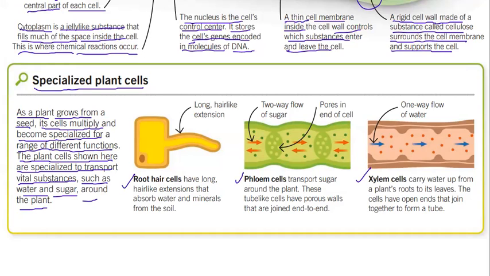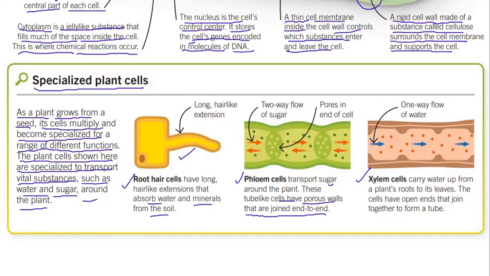In that, root hair cells have a long hair-like extension that absorbs water and minerals from the soil. So this is the most important part of that special plant cell. Another one, phloem cells transport sugar around the plant, and these tube-like cells have porous walls that are joined end to end.